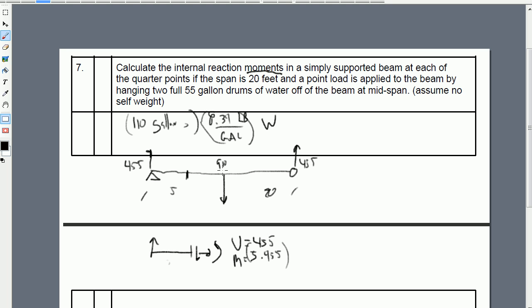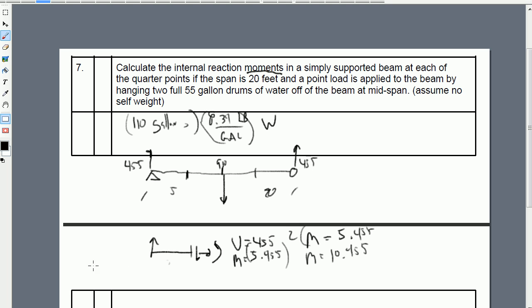And when you think about it, since this is symmetrical, you know it's also got to be the same over here. So the moment at the two quarter points is equal to 5 times 455, and the other one, of course, is going to be 10. So there's two of these, and then it's 10 times 455.